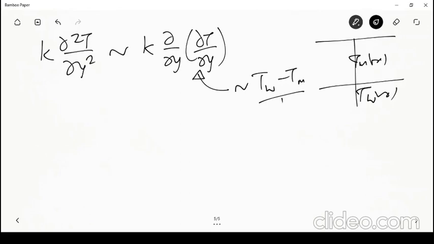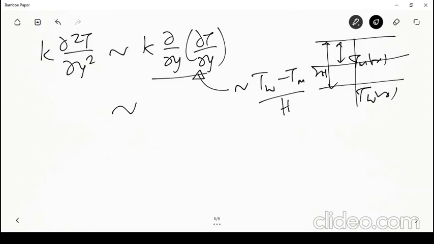Both of these can be functions of x. Now at any x, this ∂T/∂y is of the order of (T wall minus T mean) divided by h, because this is 2h and the mid distance is h.